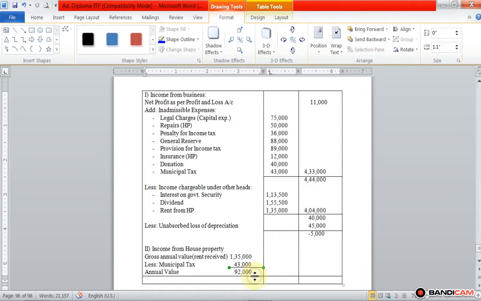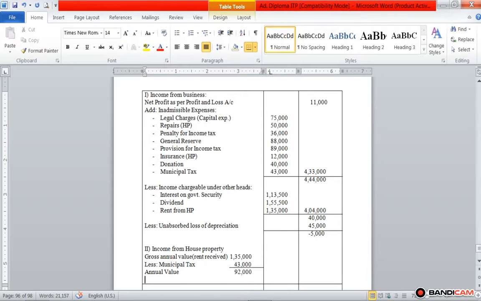Here the standard deduction is 30% of the annual value, that is, on 92,000 we compute 30%. So 92,000 into 30 divided by 100, that is 27,600, is the standard deduction.